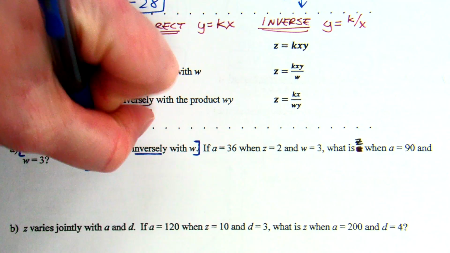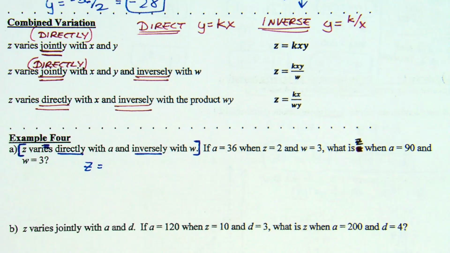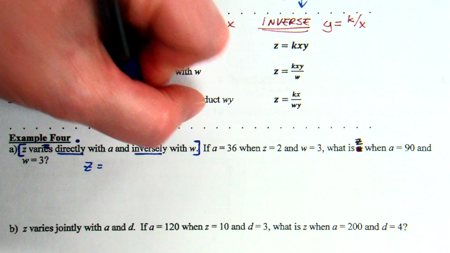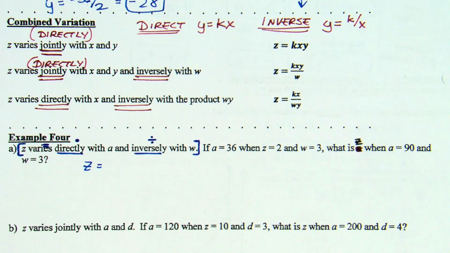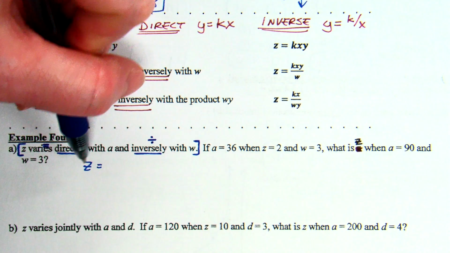Now, directly with A. What's directly say we're going to do? Multiply. So we're going to multiply with A. Inversely, what's inversely say we're going to do? Divide. Okay, and because it's direct and inverse variation, we have to throw in a constant. What do we use to represent our constant? The K. So, Z equals.